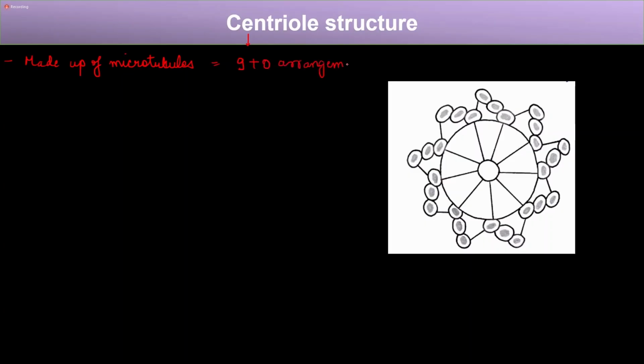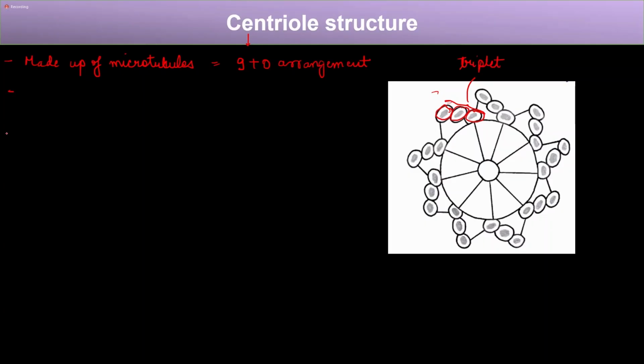In the case of cilia and flagella, it was 9+2 arrangement, but in this case, it is 9+0 arrangement. Why? Let's see. The first thing we are seeing is these three structures, which are three microtubules connected to each other. This structure is known as a triplet.